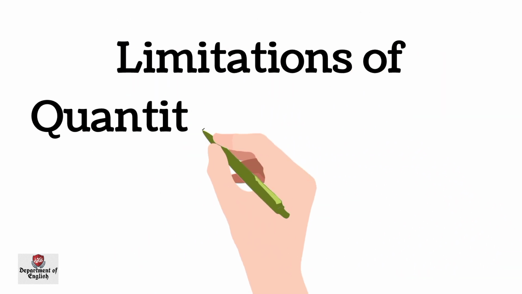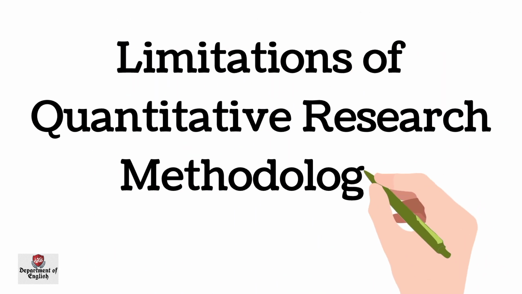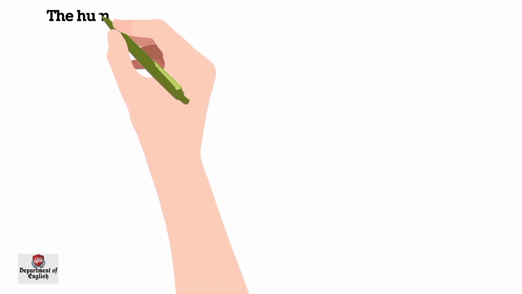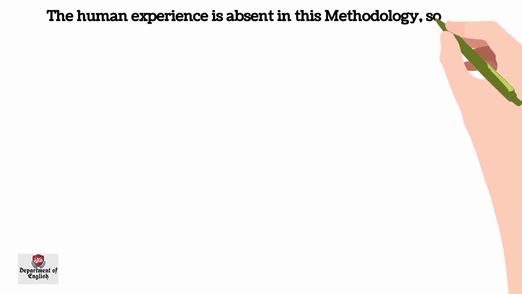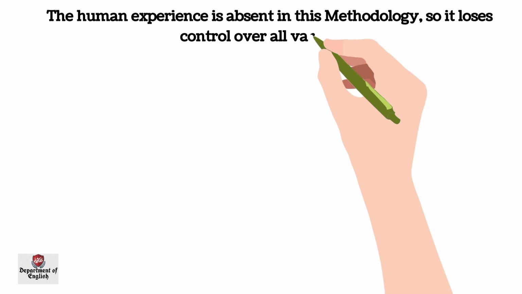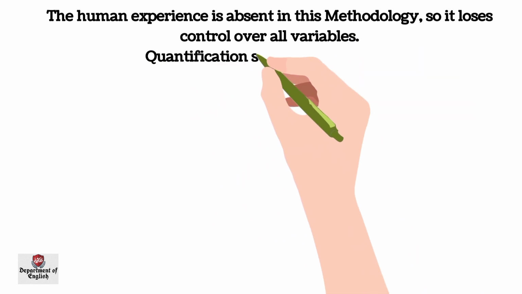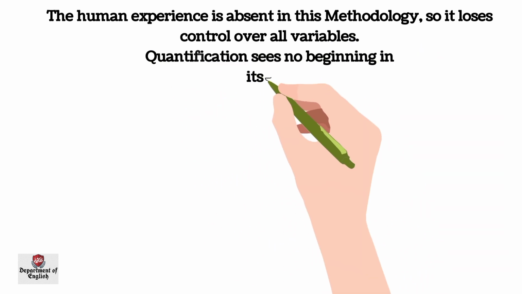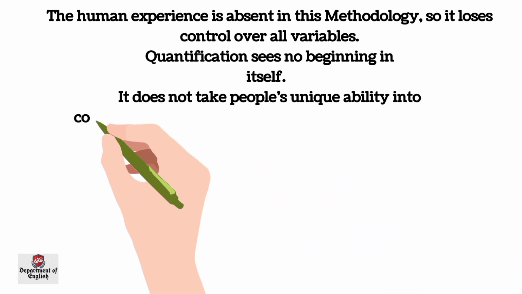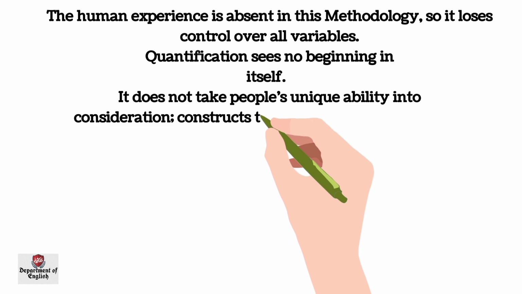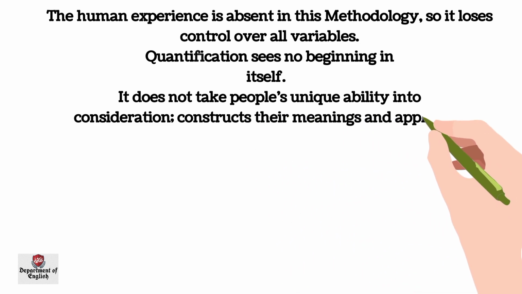Limitations of quantitative research methodology. The human experience is absent in this methodology, so it loses control over all variables. Quantification sees no beginning in itself. It does not take people's unique ability into consideration, to construct their meanings and apply them.